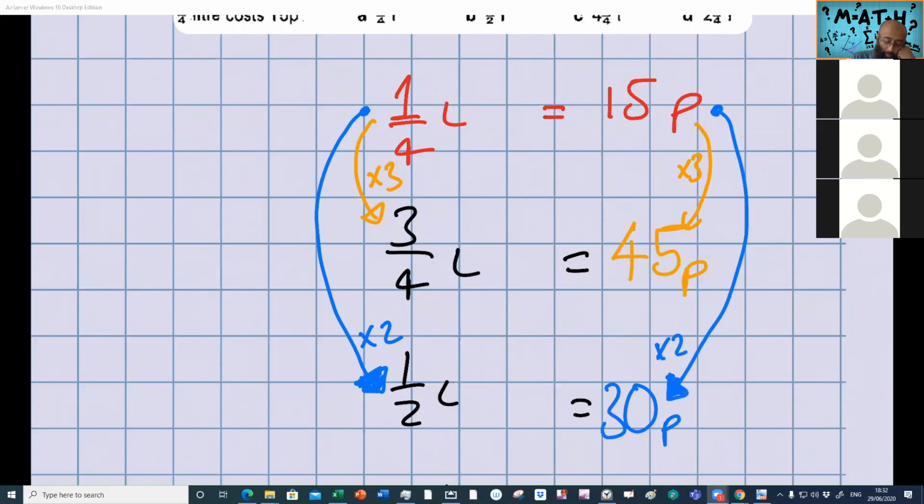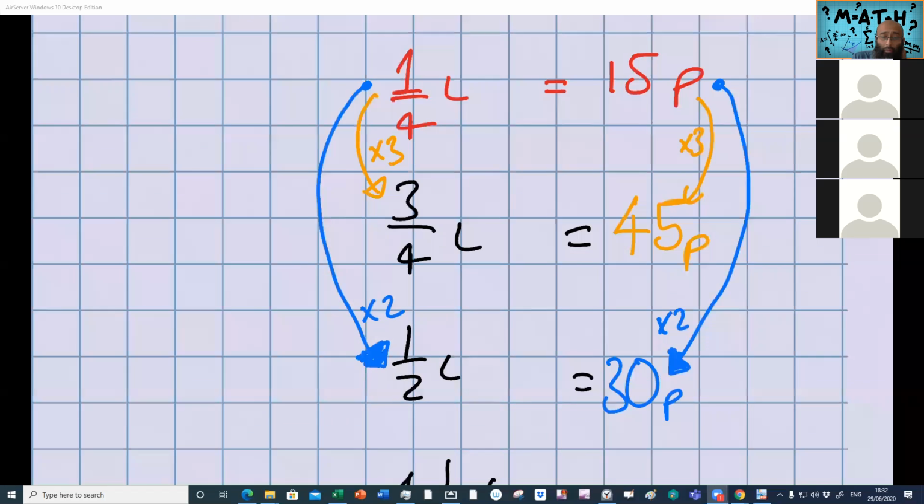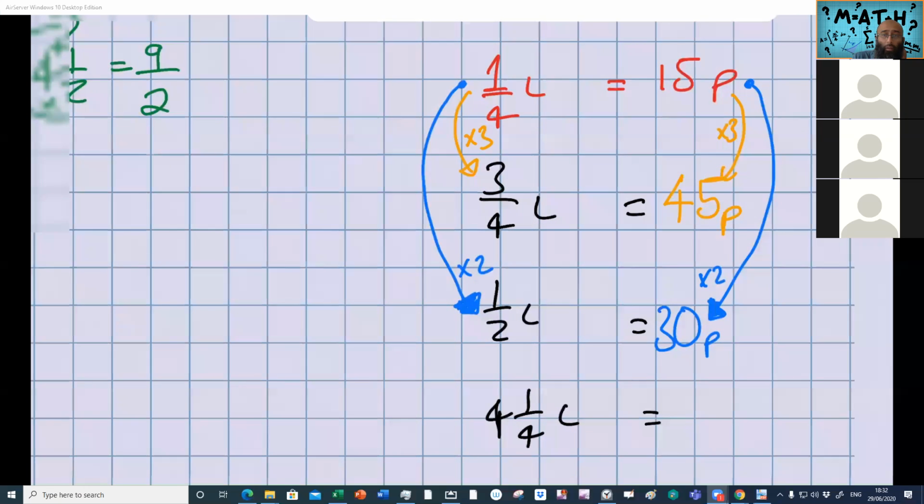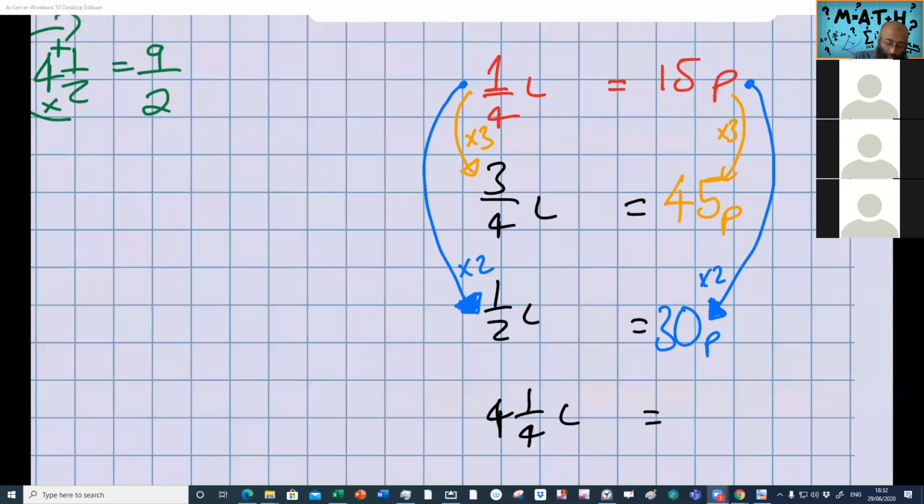30p. Okay, and the next part, you want to get to 4 1/4. Where do I start from? A half. Okay, remember it's 4 1/4. So you don't want to start from a half. You want to start from where? A quarter, because 4 1/4 is in the quarters times table.